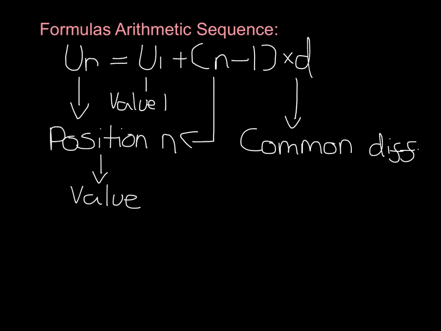The common difference is the fixed amount that separates each successive number in the sequence. It can be negative or positive depending on whether the sequence is ascending or descending. You will only need to replace the values that are given to you.